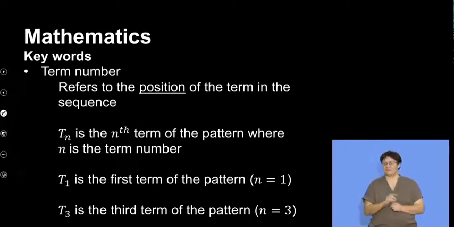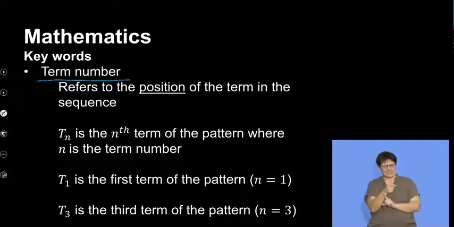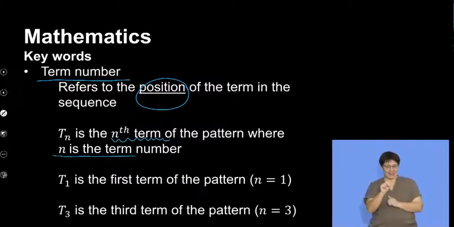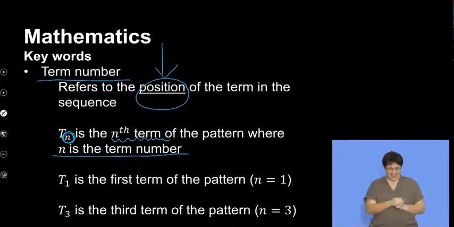The first concept is term number. What a term number is, is that it refers to the position of the term in the sequence. So, Tn is the nth term of the pattern, where n is the term number. We're just saying that we are going to pop a little number where the n is, and that's going to tell me the position of the term in the sequence.